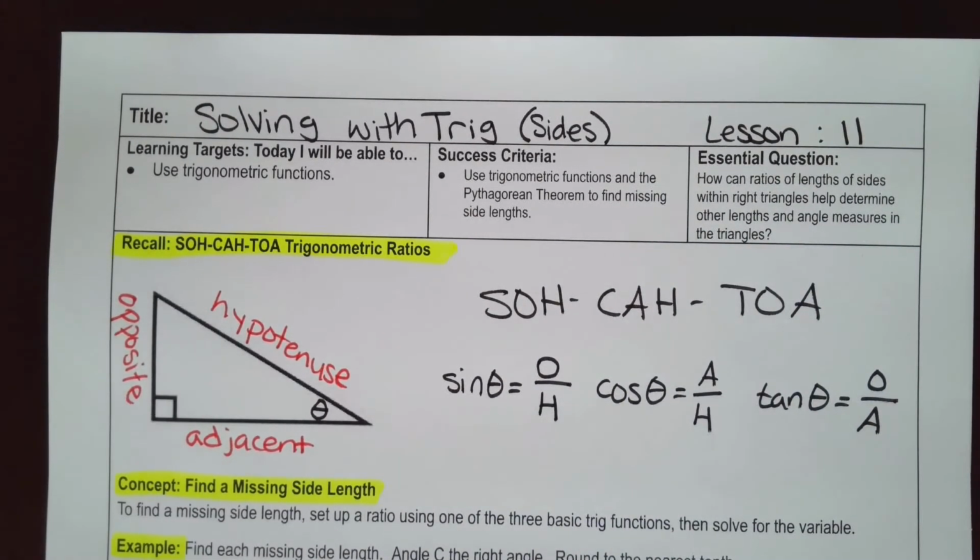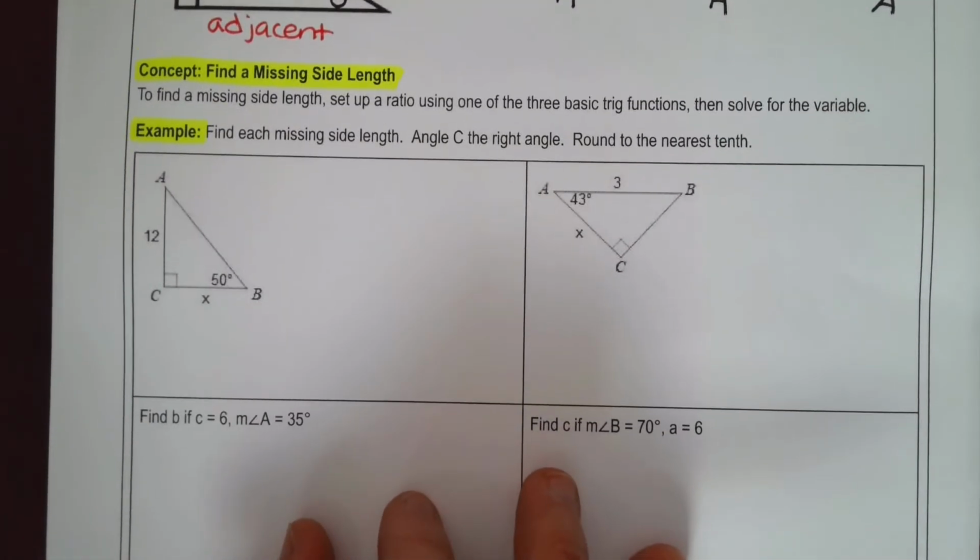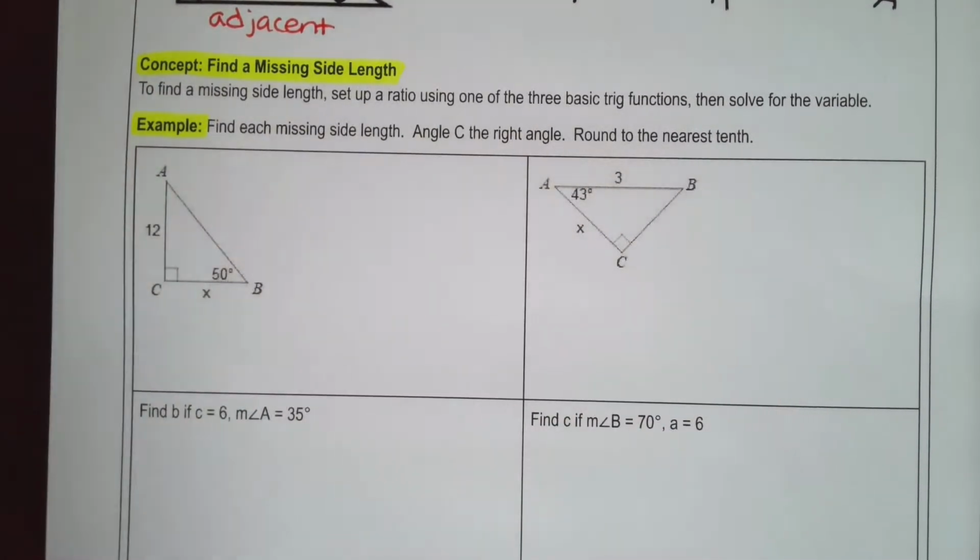So we're going to be using our calculator and our trig functions to be able to solve for a side of our right triangle without using Pythagorean's theorem. So our concept today is find a missing side length. To find a missing side length, we set up one of the three trig ratios, and then we're going to solve for a variable.